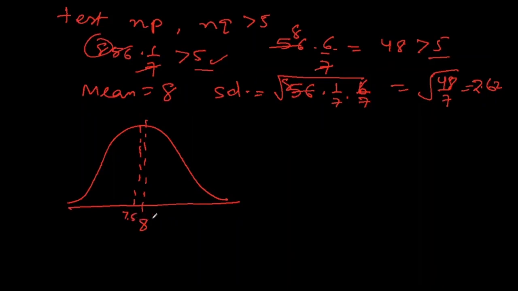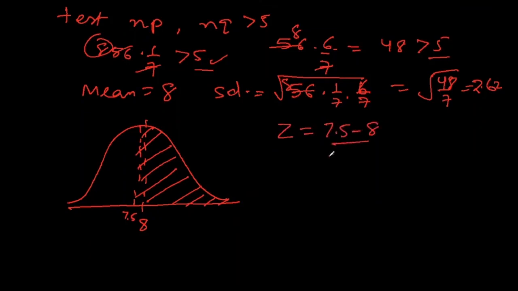So 8 is greater than 7.5, so this is the area we want. Okay, so the Z score will be 7.5 minus 8 over 2.62, which will be minus 0.19.